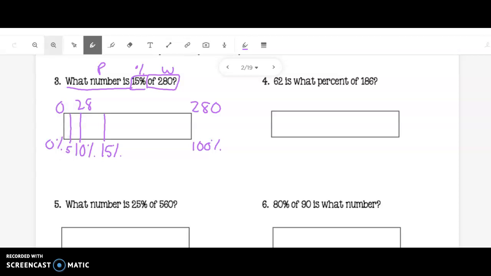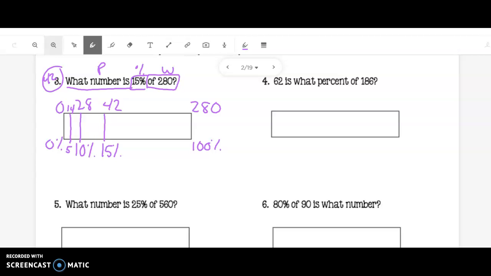So 5% would be half of 10%, 14. So I can go ahead and add 28 plus 14 more, and that is going to give me, let's see what you get. Pause it if you want to work it out. 42. Okay, so I could come back up to the question, what number is 15% of 280? Well, that would be 42.